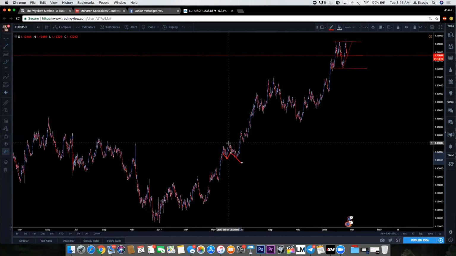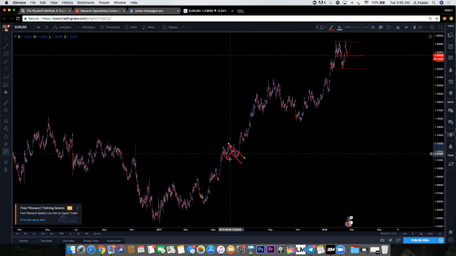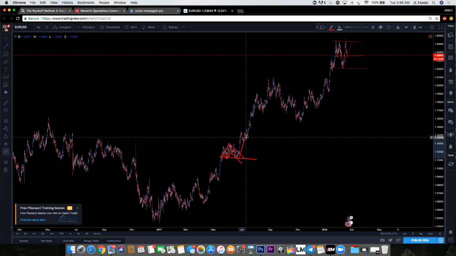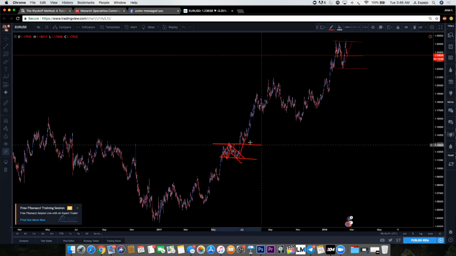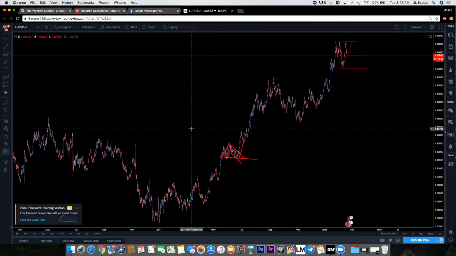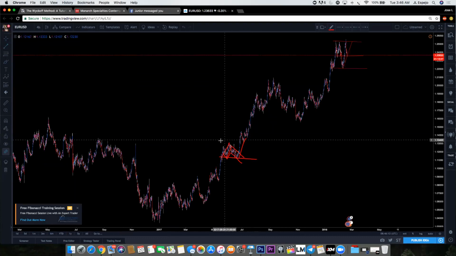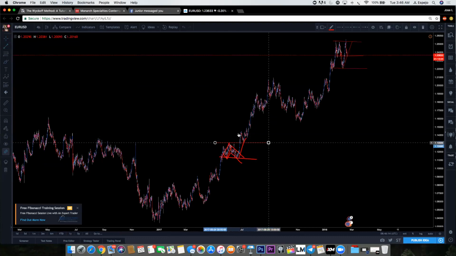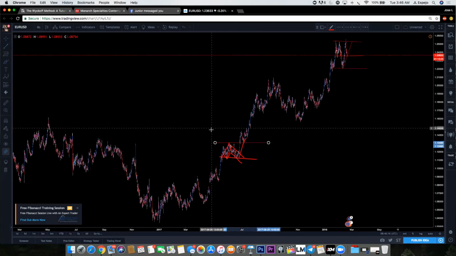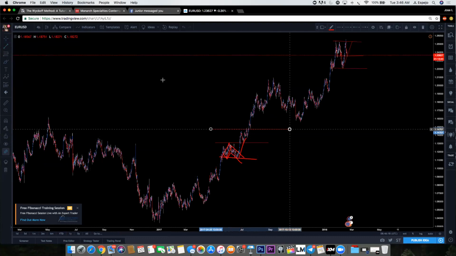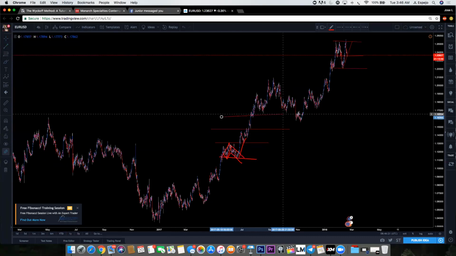Came back down for the correction of this uptrend, corrected it, formed a double bottom, started shooting up. Here's the support area, here's the resistance area. We see the retracement, it kept doing it, kept respecting it, kept repeating the same few steps. You guys see that? Same few steps.